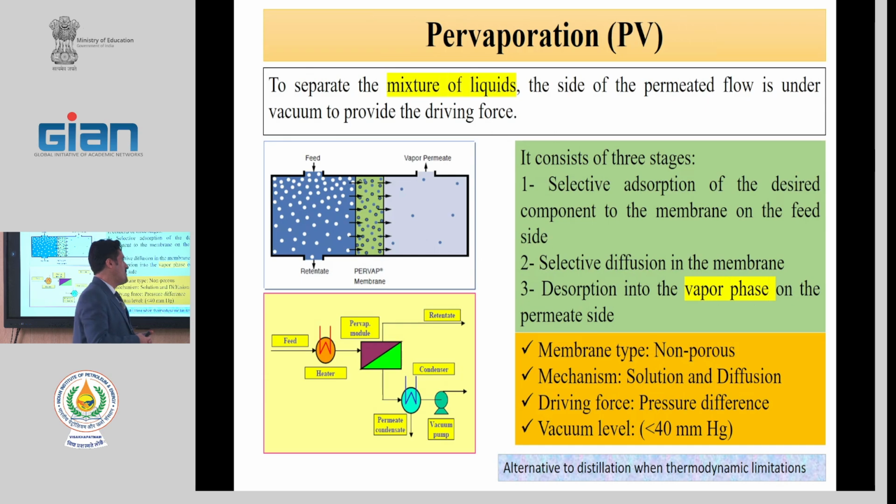Usually, the vapor can permeate. Liquid, some ethanol or hexane, can also diffuse. But we know the diffusion rate of gases is much higher than liquid. Therefore, to help increase the diffusion coefficient, we heat the feed, but this heating is not very high.